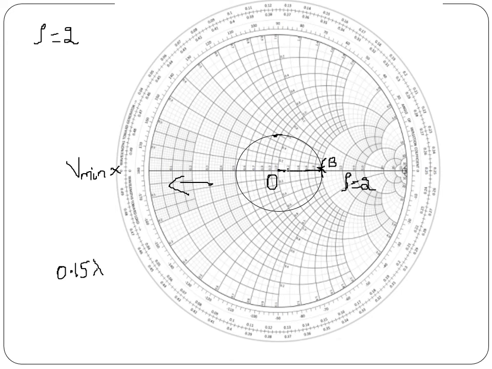Move a distance of 0.15 lambda from the minimum point along the distance scale towards the load and stop at 0.15 lambda.